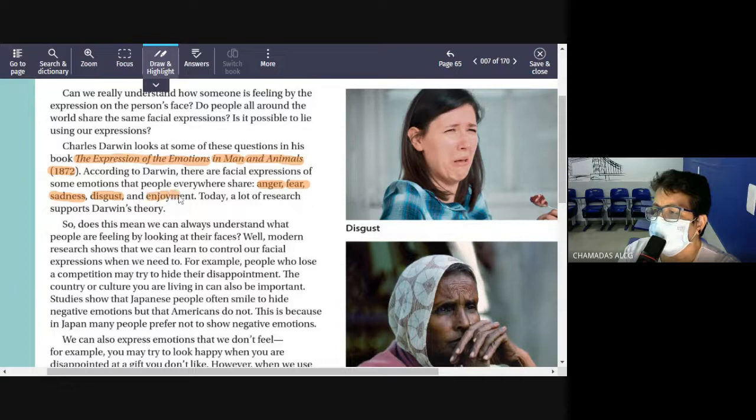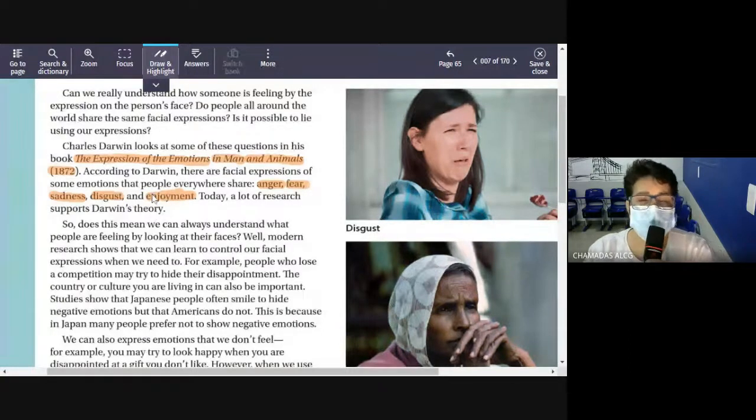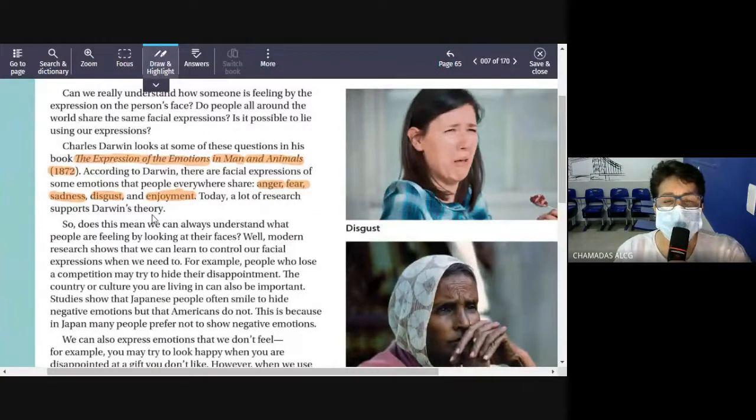These are the emotions that everybody can understand. It doesn't matter the language, it doesn't matter where you are from. Everybody understands when your face shows those emotions. Okay? Anger, fear, sadness, disgust, and enjoyment.